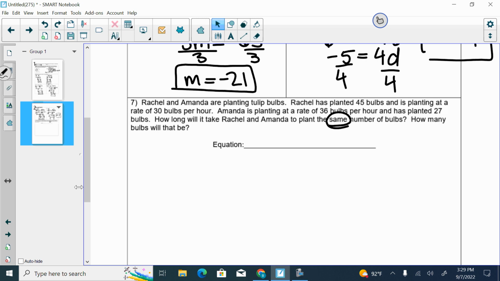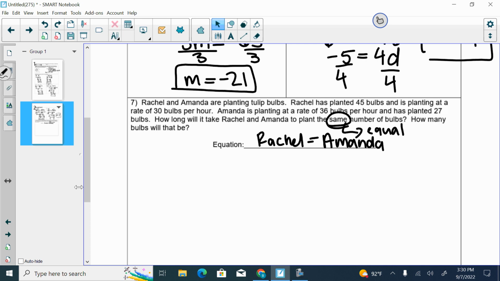Equals. Very good. So when they say same, we know that means equal. We want Rachel and Amanda to be equal. So basically, it should end up being Rachel equals Amanda, right? And we just need to plug in the information they gave us to turn it into an actual equation, okay?